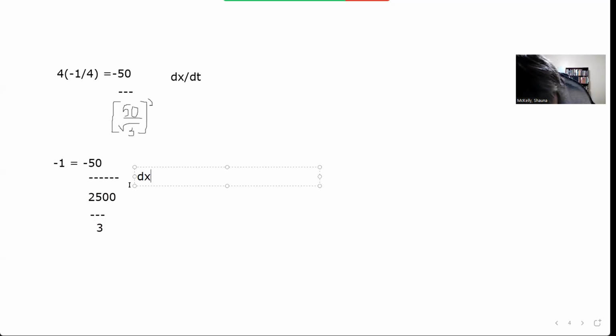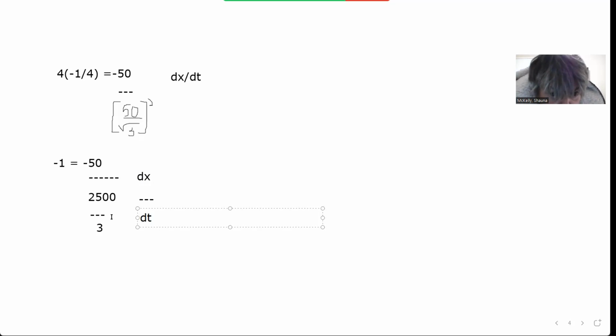So now I'm going to solve this. This complex fraction is going to be negative 1 is equal to, I'm going to flip the fraction.